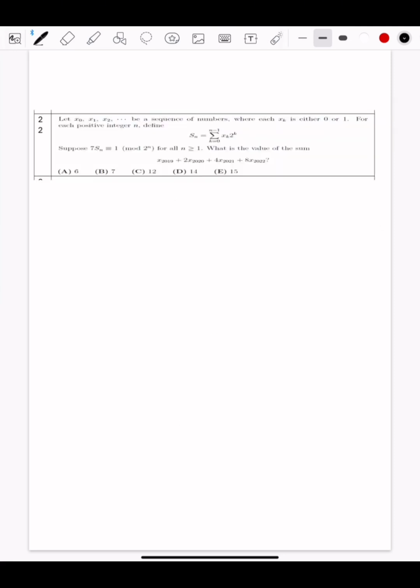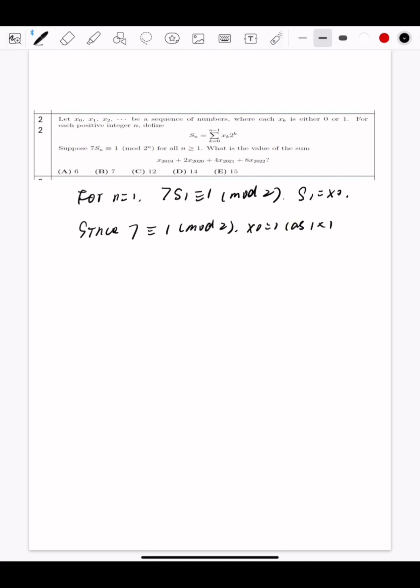So we choose numbers. We can talk about the different results for n, like for n equals 1. We have here. But since 7 here, and also for n equals 2, n equals 3, and n equals 4, and then we can get the difference xk as follows.